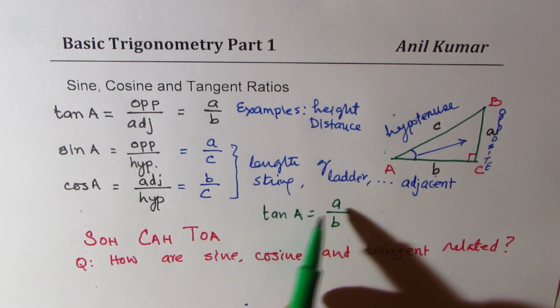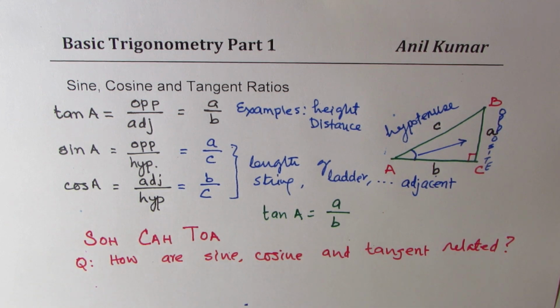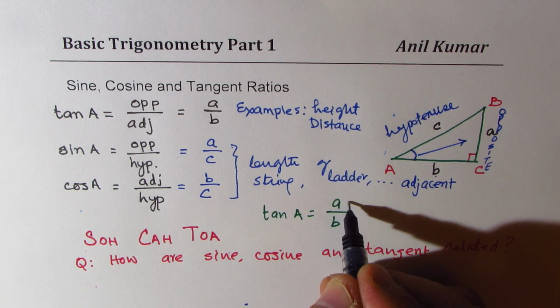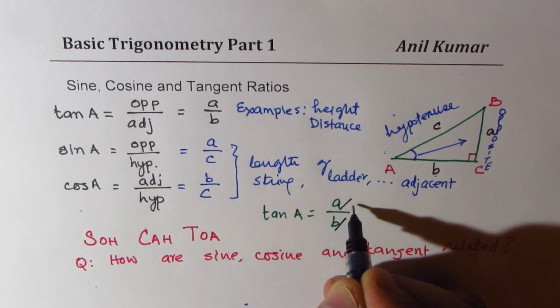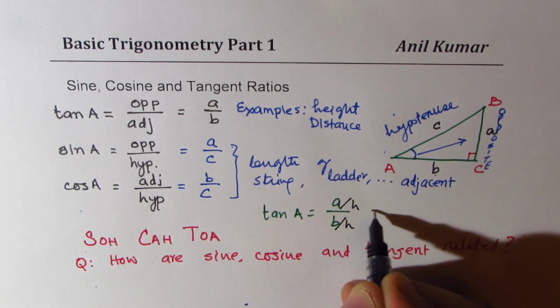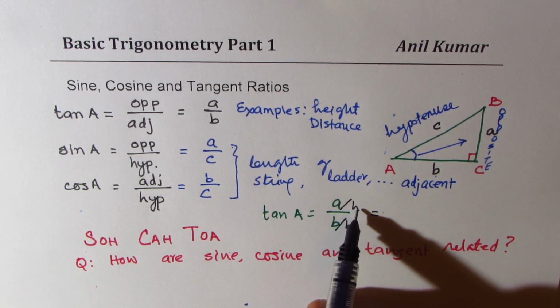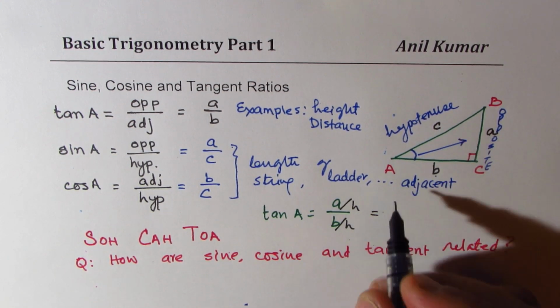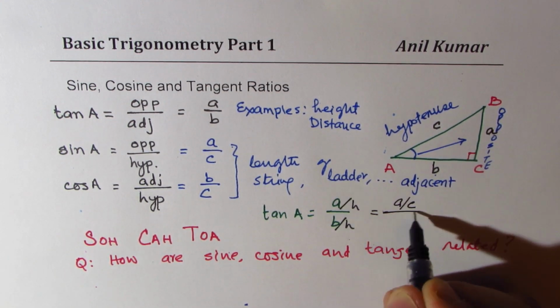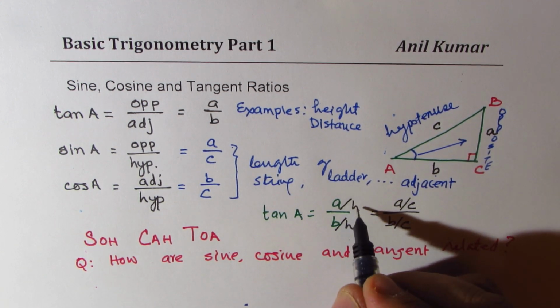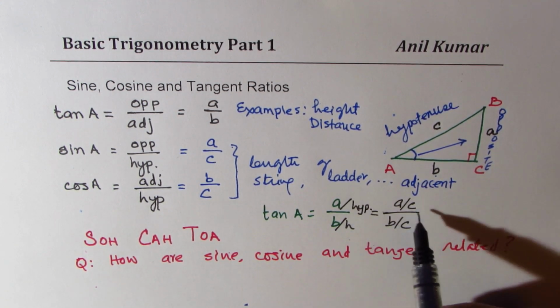Now relate tan with sine and cosine. What I could do is that I could divide both numerator and denominator by hypotenuse. So we get A over H, which is C in our case, which is A over C I should write, and B over C, the hypotenuse. Do you see that?